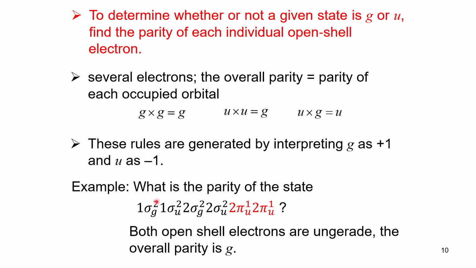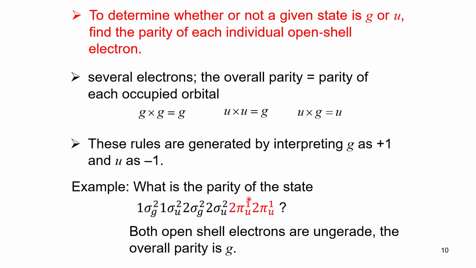For example, what is the parity of the state for this molecular configuration? You have 2 electrons in the sigma bonding, 2 electrons in the sigma antibonding, 2 electrons in the 2 sigma bonding, and 2 electrons in the antibonding.